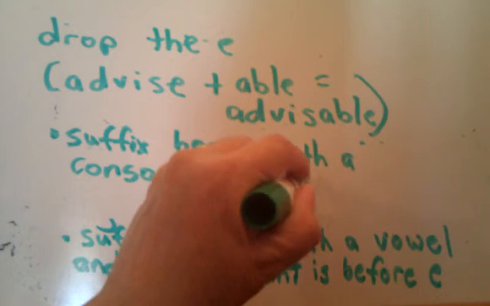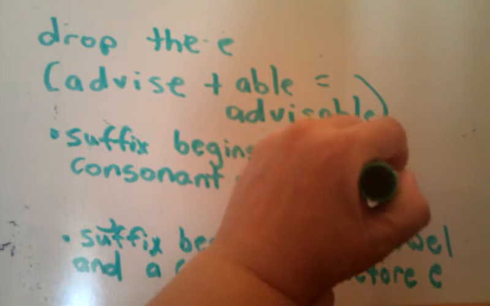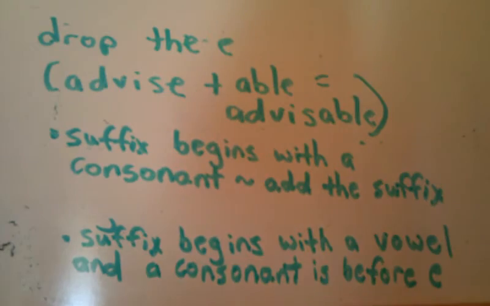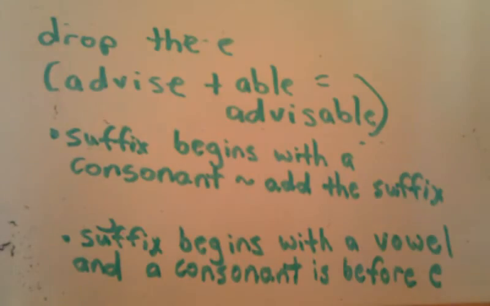Because if you have two vowels beside each other, they form a blend, right?